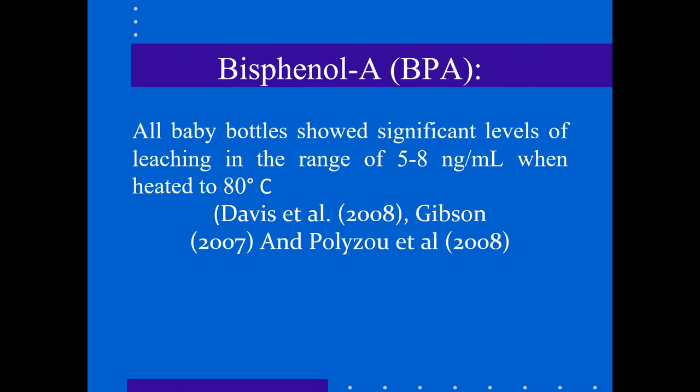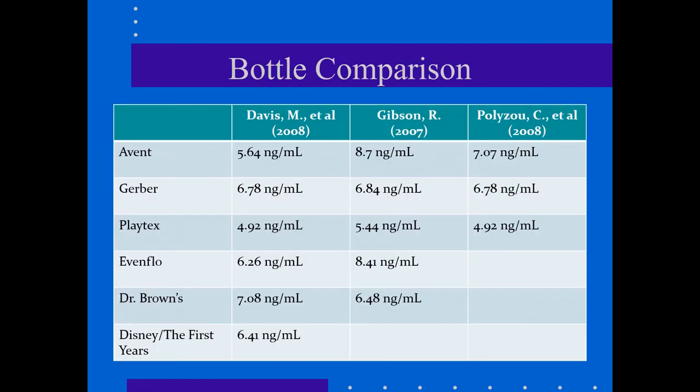Normally when mommy sterilizes the bottle, they use hot boiling water, which is of course more than 80 degrees Celsius. And that is why BPA is banned as one of the material for baby bottle.